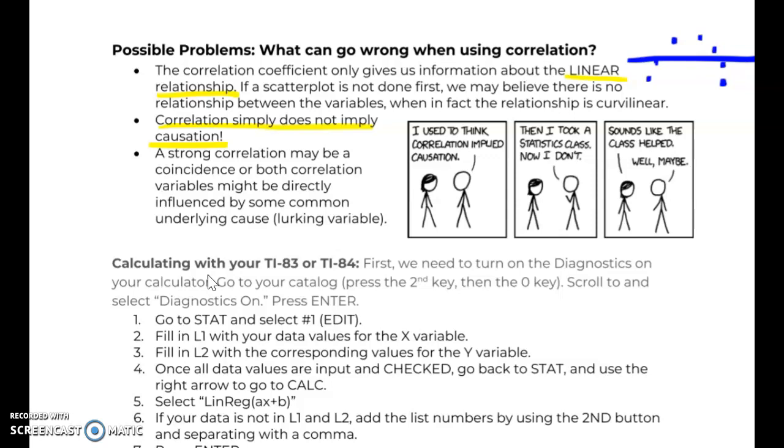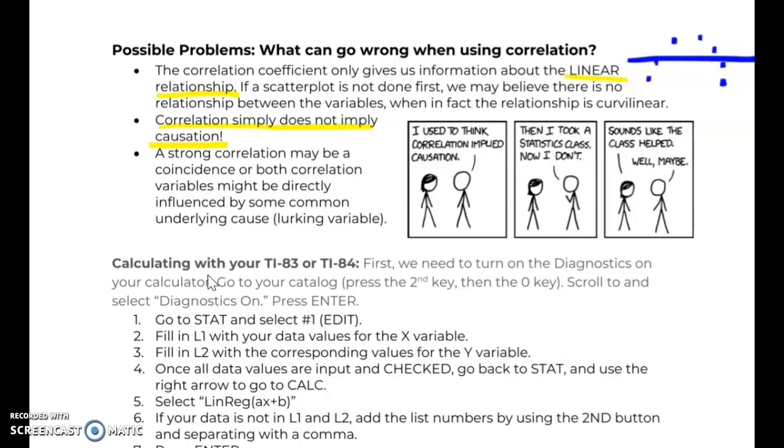We've looked at some other examples, or I've given you guys some links, like there was a correlation between cheese consumption and the number of deaths due to entanglement in your bed sheets and so on. So just because there's a linear correlation between two variables doesn't mean that one implies the other one.